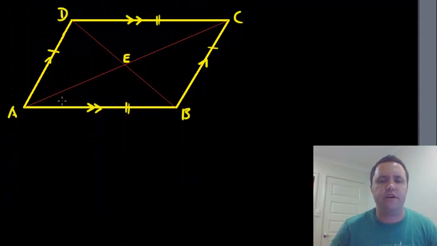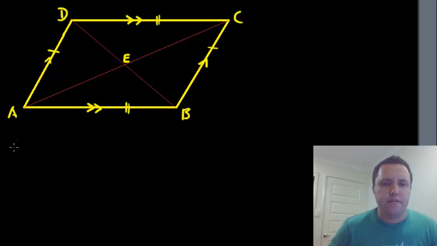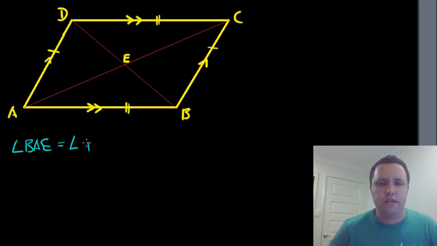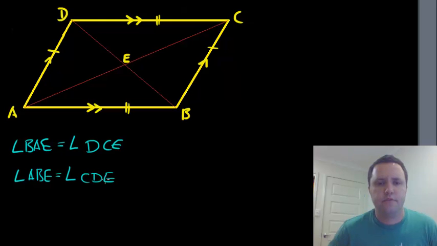So what we know so far is that angle BAE is equal to angle DCE, and angle ABE is equal to angle CDE. So we've essentially said that this angle is equal to this one, and this angle here is equal to this one here.